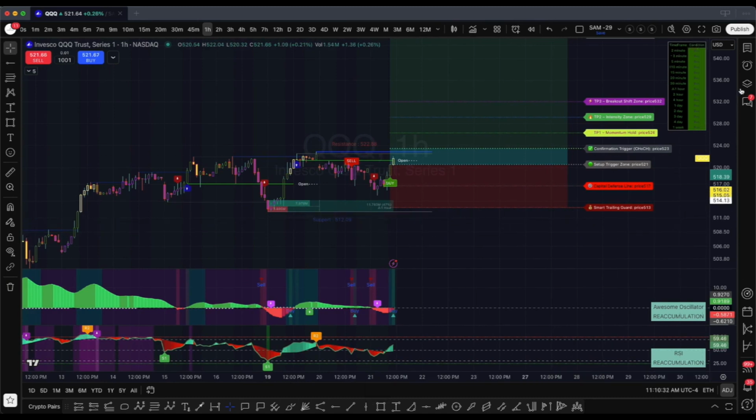Okay, in this indicator section, you'll see the red zone, the red color, and the blue color here.